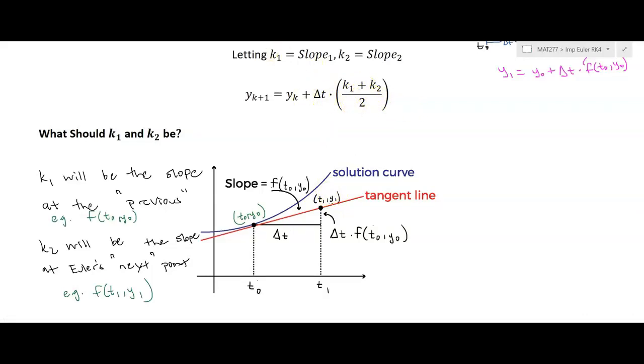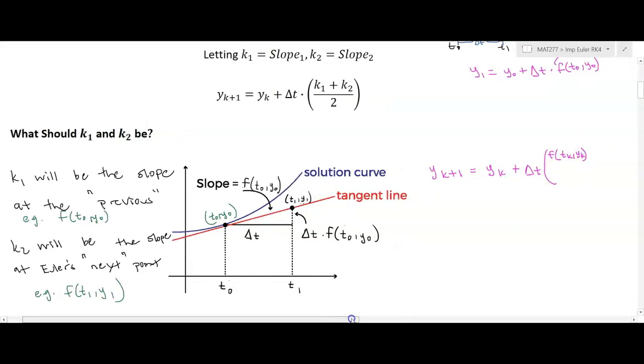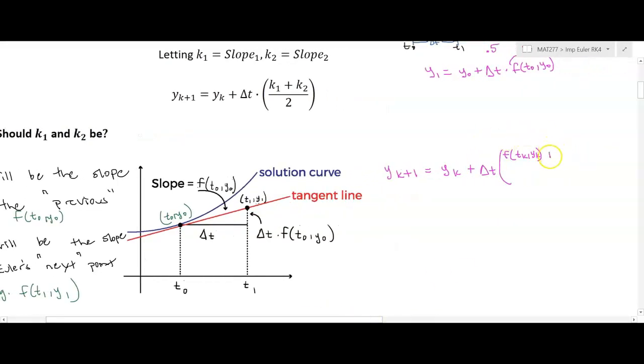So our formula, y sub k plus 1, will be y sub k plus delta t times, well, k1 is just the slope at the previous k, so I'll write this as f of t sub k comma y sub k, and that's going to be the average of that slope and then the slope at the next point, which I'll just write as t sub k plus 1 comma y sub k plus 1.